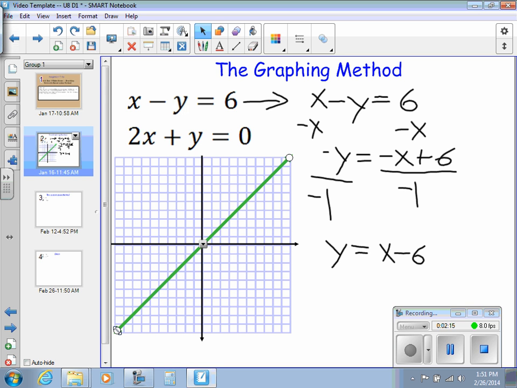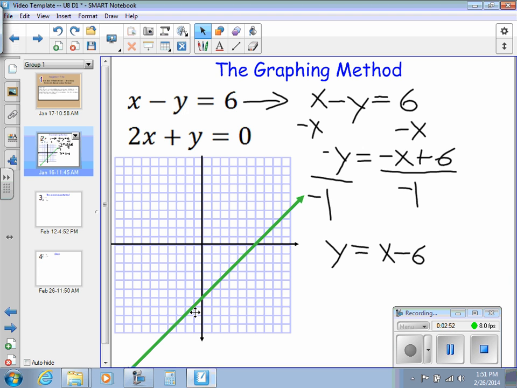Now I've got my slope of 1. I need to move this line so that I have a y-intercept of negative 6. I need to get the line to move. There we go. And I'm going to bring it down so that I'm at negative 1, 2, 3, 4, 5, 6.